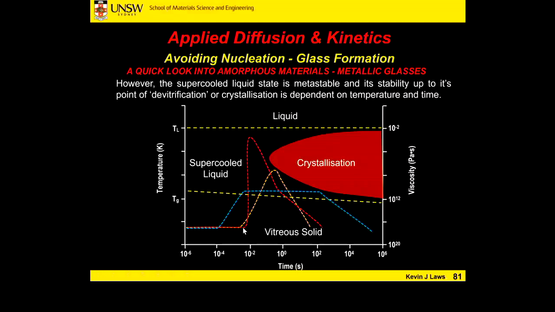Is it because if we heat it too high, it has less distance to the nose? If we heat the system, what we're doing now is letting the atoms become mobile again. In the vitreous solid, they're kind of locked in. Viscosity drops very, very rapidly below the glass transition temperature, so atoms are locked in.